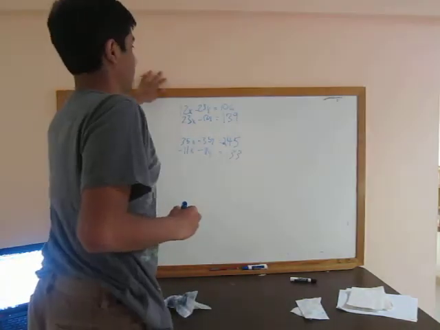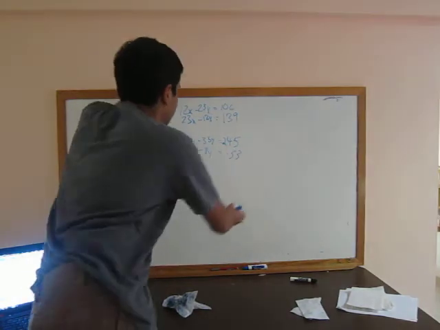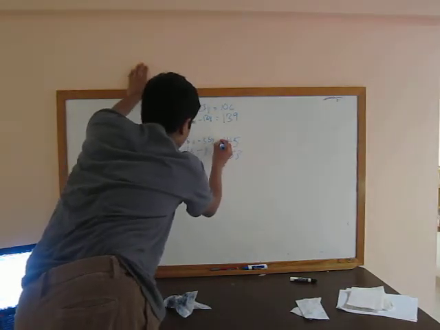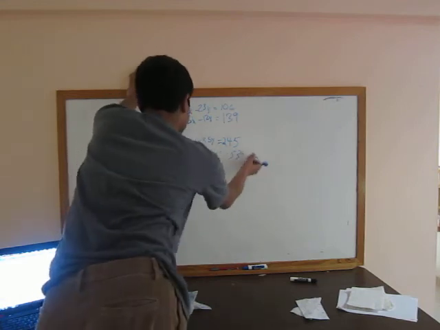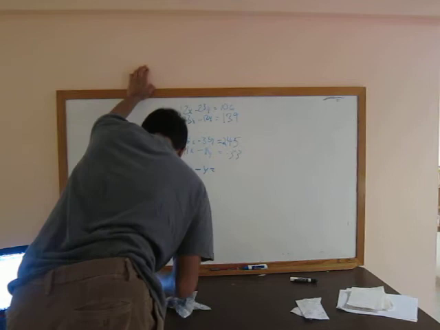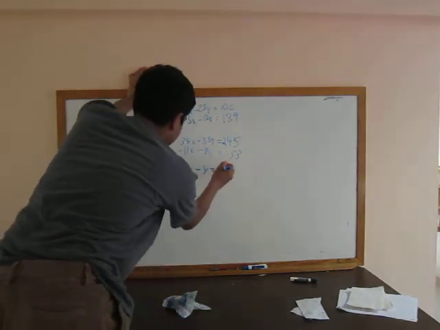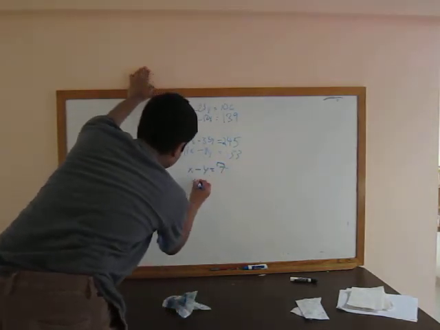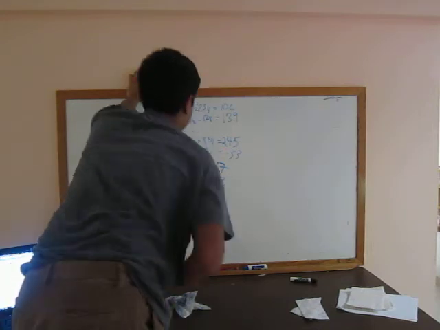Feel free to pause as needed. Now again, I'm going to divide this by 35, divide this one by negative 11. So I'm going to get x minus y equals 7, and x plus y equals 3.